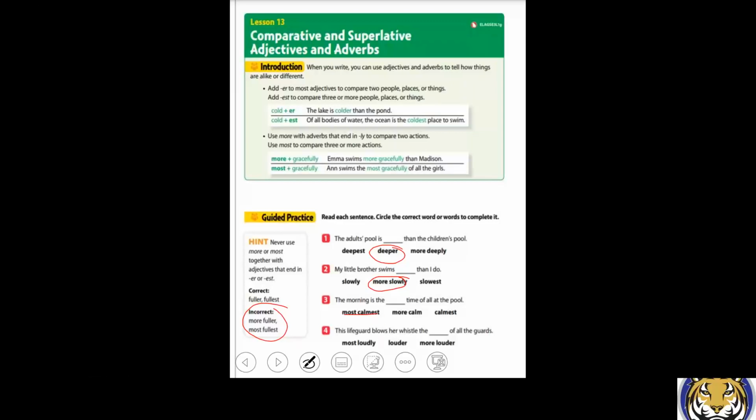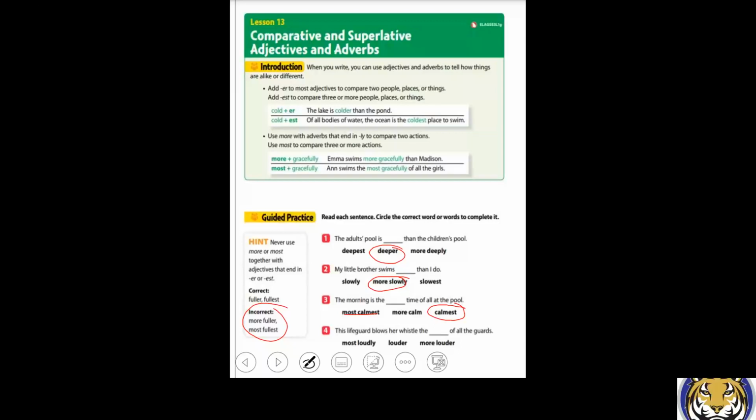The morning is the more calm or calmest time of all at the pool. The correct word is calmest because it's being compared to more places. So if you look up here at the top, EST to compare three or more people, places, or things. Time of all at the pool.